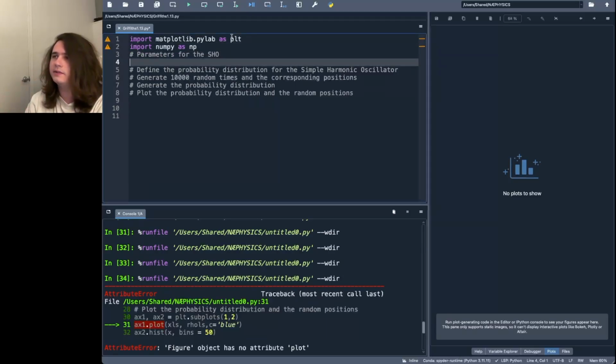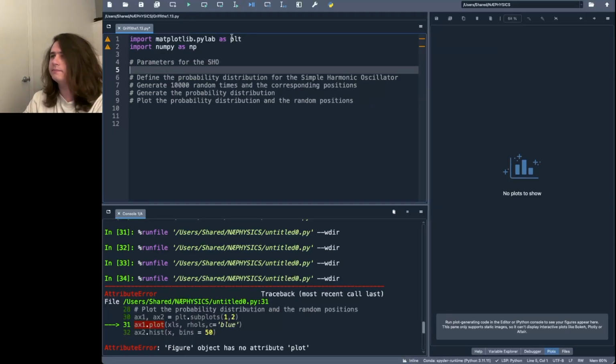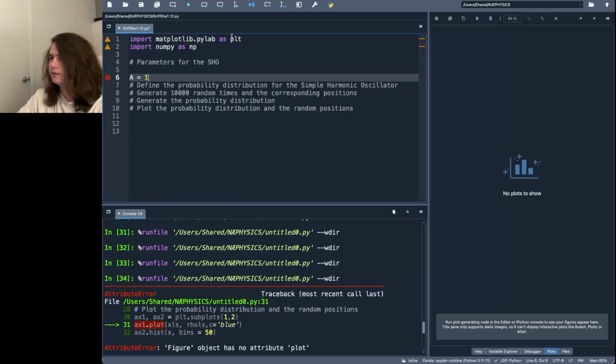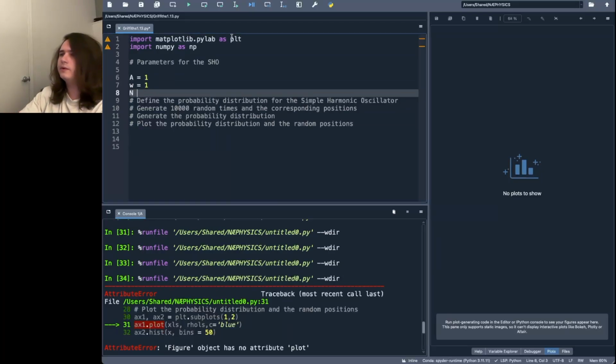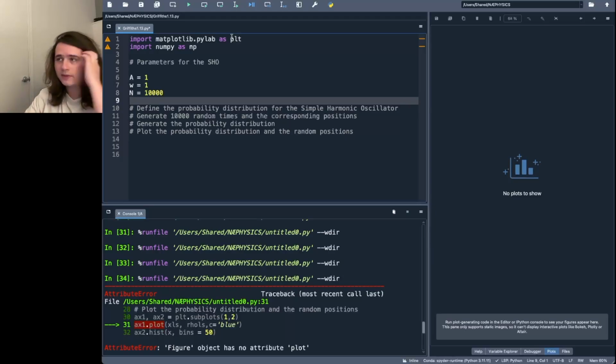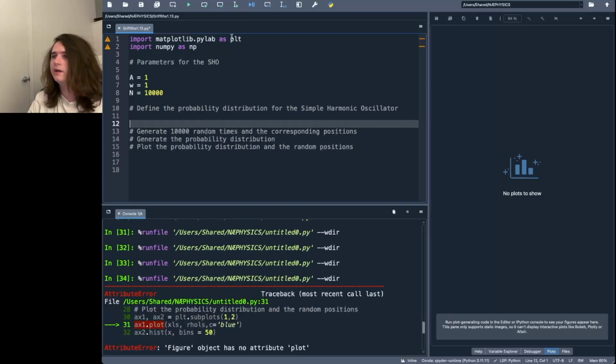Then we can set up the parameters that we need, those being the amplitude, which we're going to set to 1, and omega, which is also going to be set to 1. I'm just going to make omega look like W and set it equal to 1. And we need to do 1,000 or 10,000 positions, so 10,000 there.